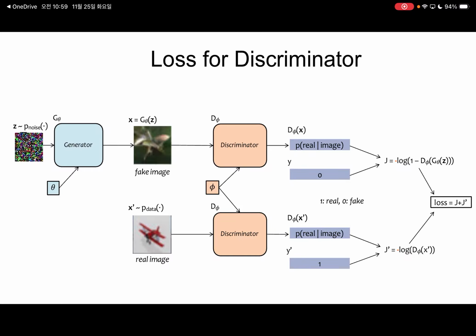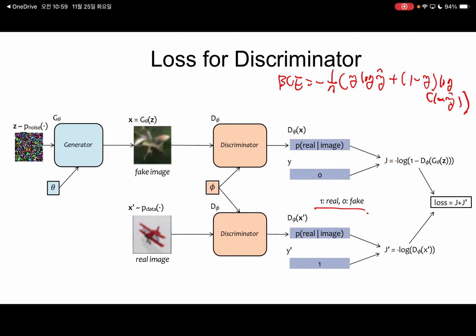For the discriminator, it is the opposite. When training the discriminator, we want generated images to belong to the fake class, and images from the real training set to belong to the real class. So let's recap binary cross entropy.